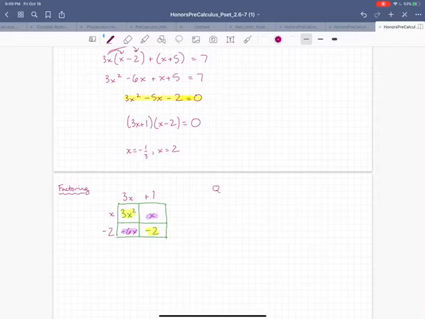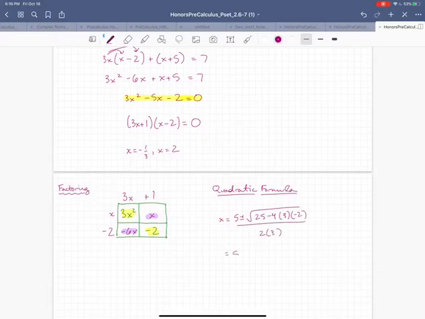So we could also use the quadratic formula to do this. So we would say x equals negative b plus or minus the square root of b squared minus 4ac all over 2a. So this is 5 plus or minus the square root of 25 plus 24 all over 6.